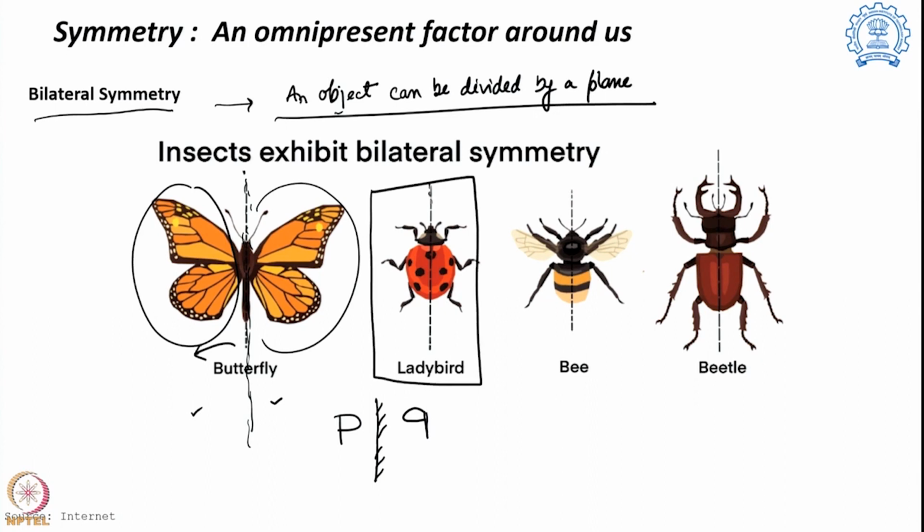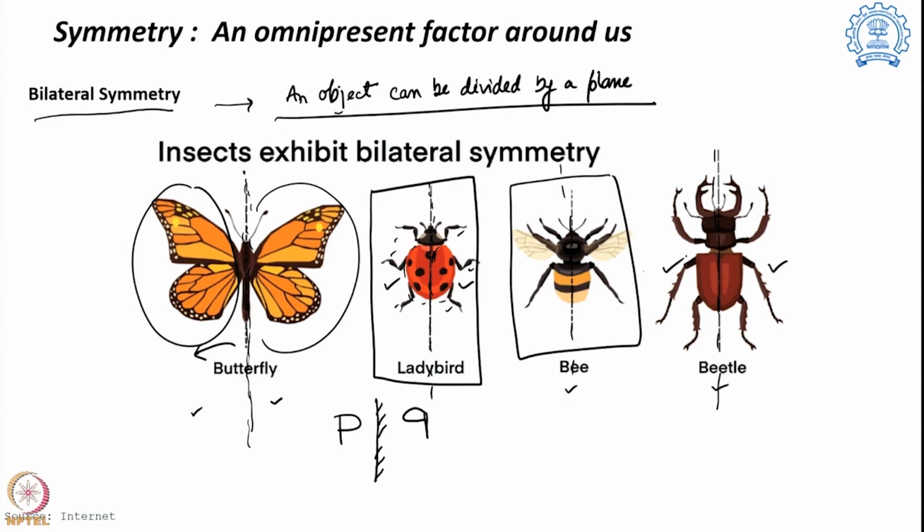You can see if I draw the line along this particular plane, both sides are the same, including the shape of their legs, the number of their legs, and the pattern on the body. This is a bee, this is a beetle, we are following the same trend all over the place. There is a plane of symmetry, and on either side I am seeing the same thing. So, this is a bilateral symmetry which can be found in a number of different life forms around the world, and it is one of the most important symmetries that we observe around us.